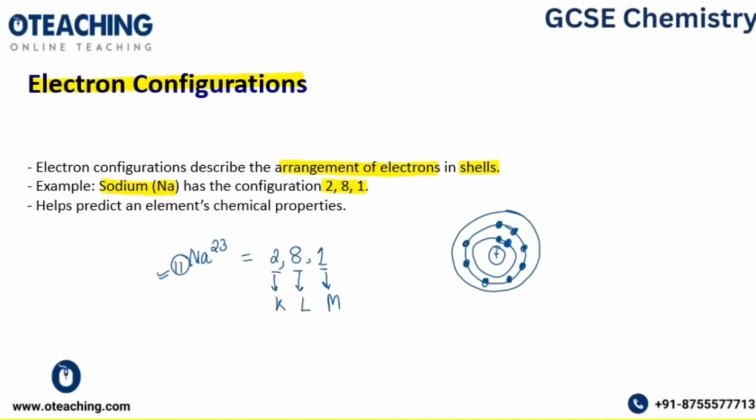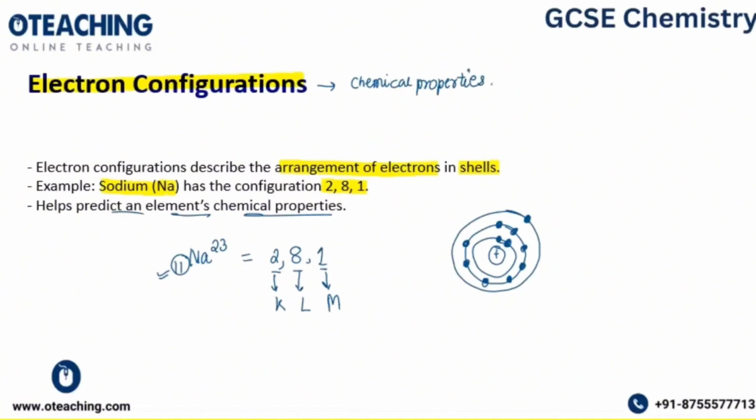And in the last shell, the M shell, only 1 electron is there. So this is how we write the electronic configurations of different elements. It helps us to predict an element's chemical properties. Through electronic configurations, we can get to know about the element's chemical properties.